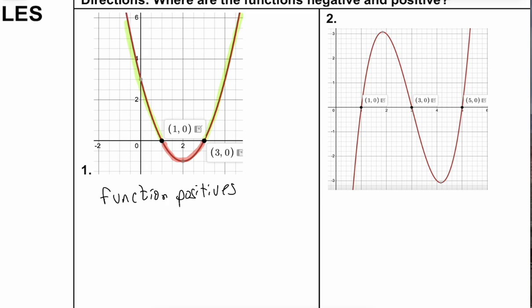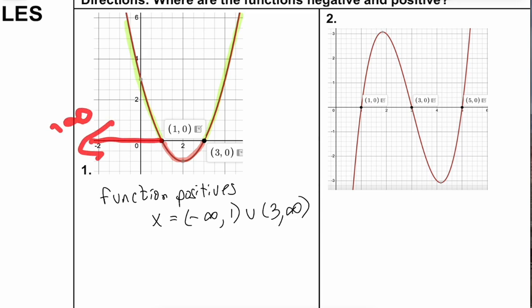So when our x is going from left as far as we want until it hits a value of 1, and then again from 3 to infinity. So our x values from negative infinity to 1, and then from 3 to infinity, our function is positive.